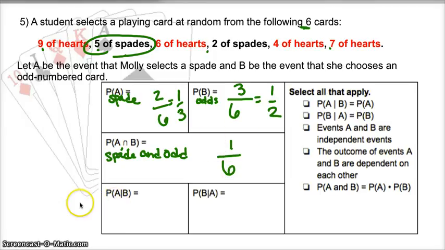Down here, conditional probability says the probability of event A given event B has already occurred. So this is the probability of choosing a spade given that you've already chosen an odd.